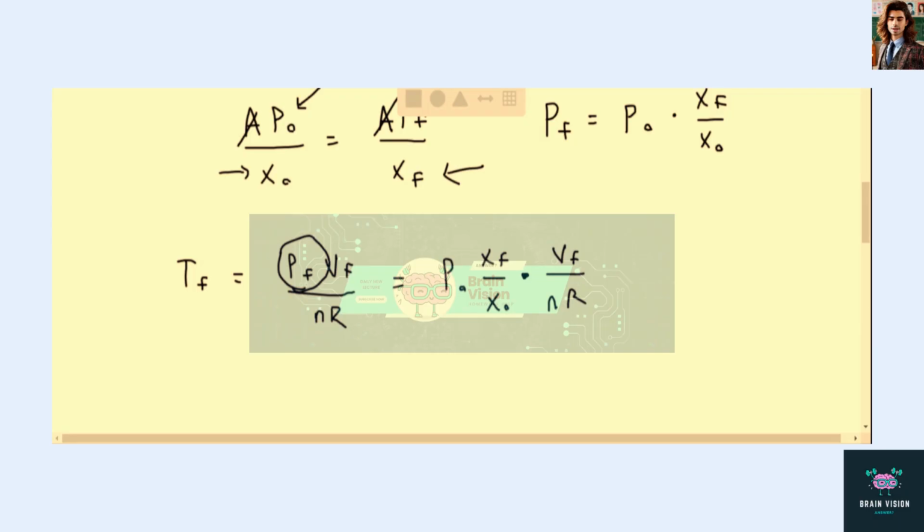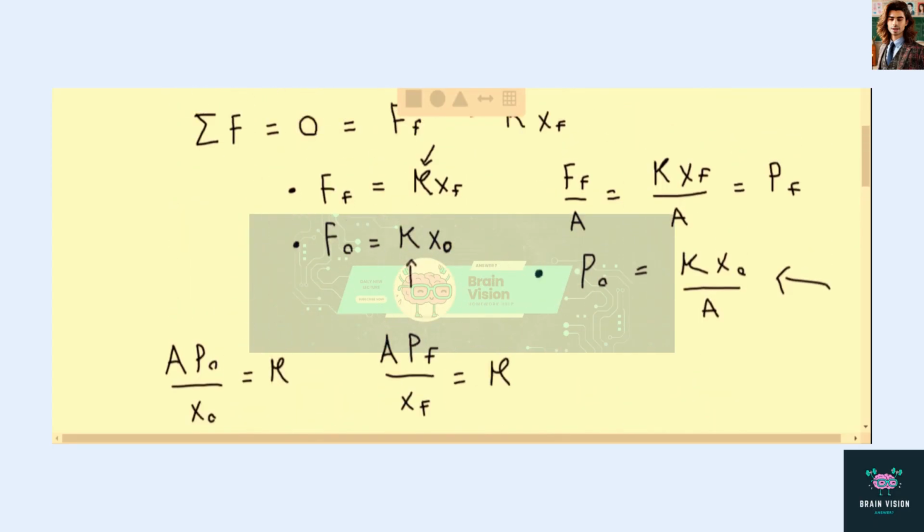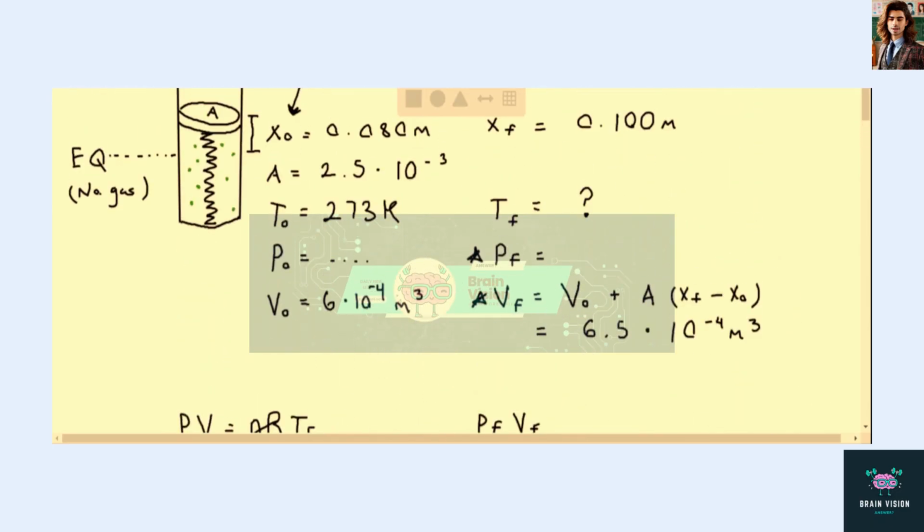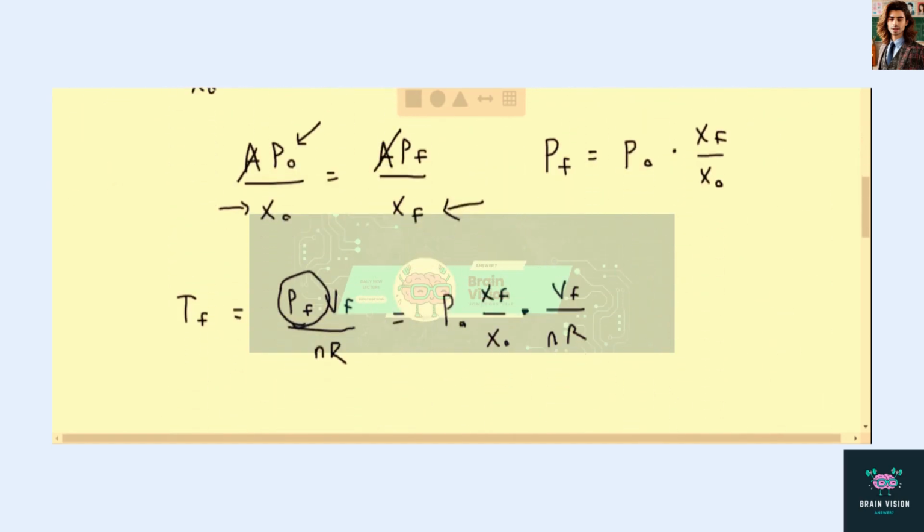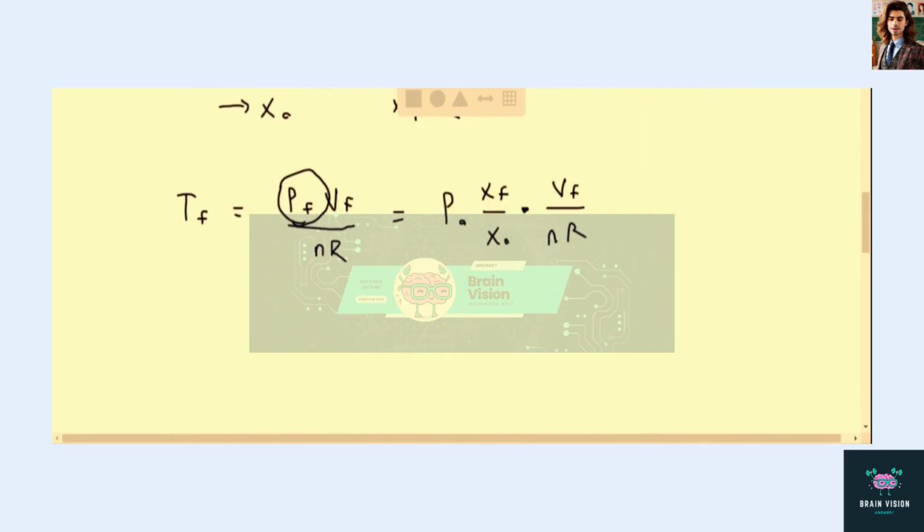So all of this stuff we have readily available. And actually, we still have a little bit of a mystery on our hands because we don't know what the initial pressure is, and we don't know what the number of moles is.